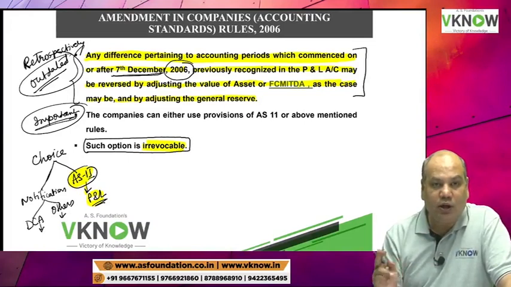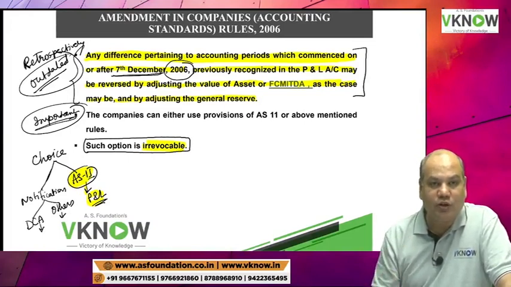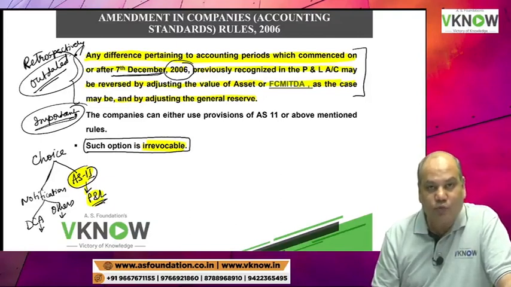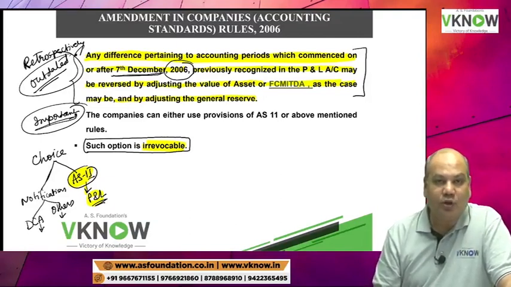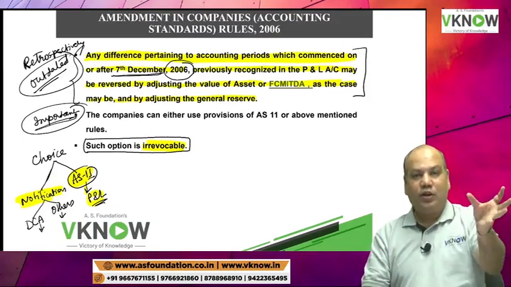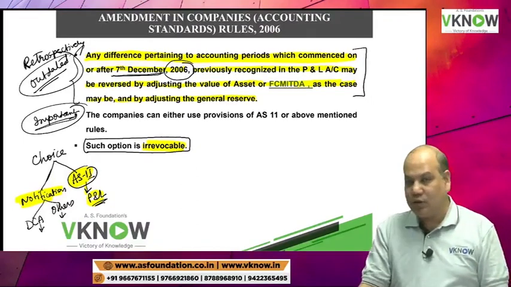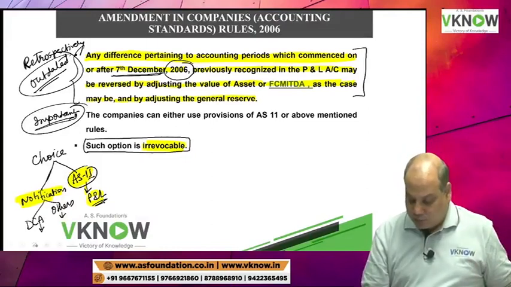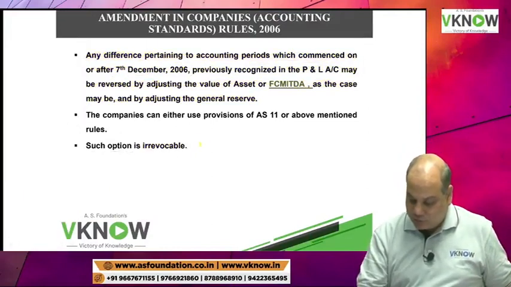Irrevocable means later on you can't change your decision. Then every year you have to transfer the exchange difference to the P&L account. Or if you choose to follow the notification, that decision is also irrevocable.